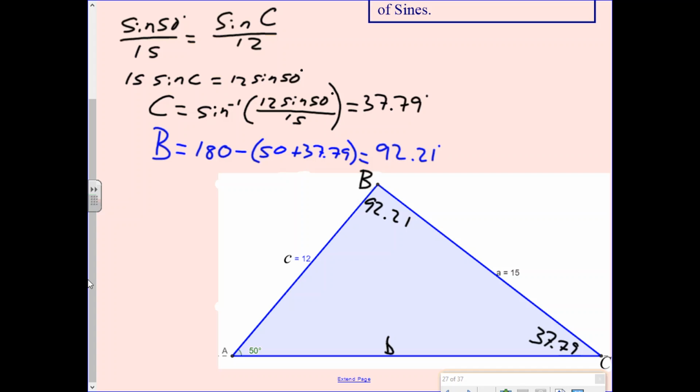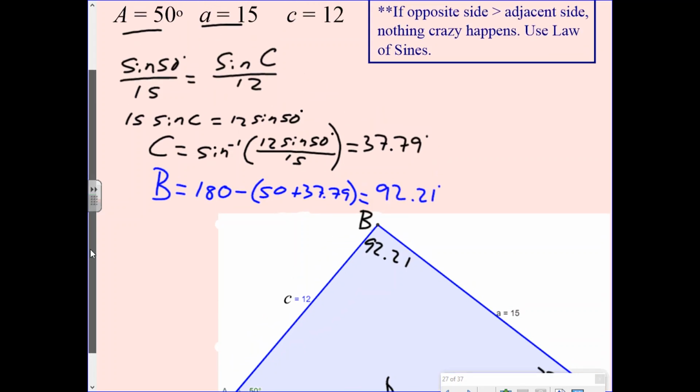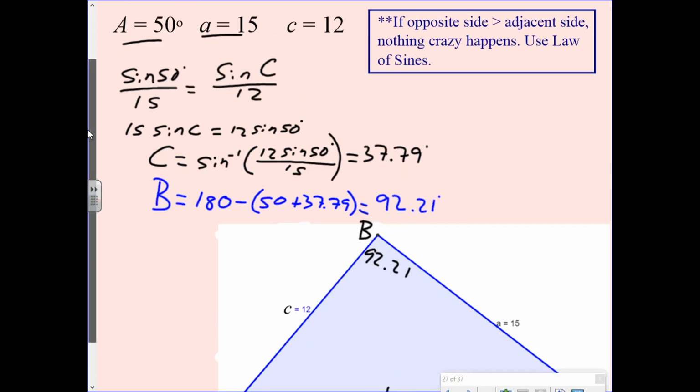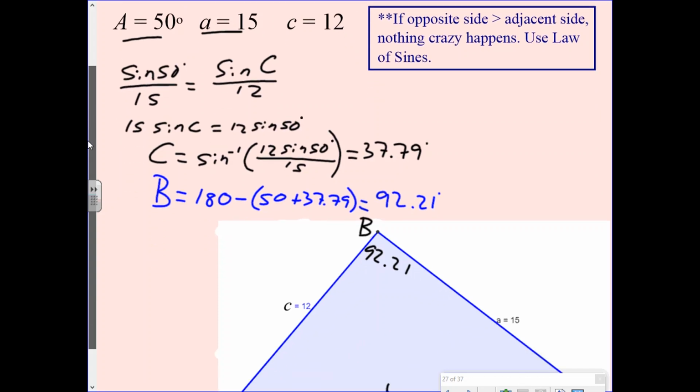And again, I'm going to do that just with a normal law of sines. The way I'm going to set that up, again, I'm going to go back. I know my A pair, the sine of 50 over 15.